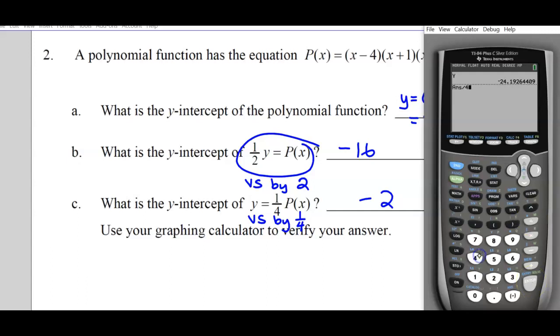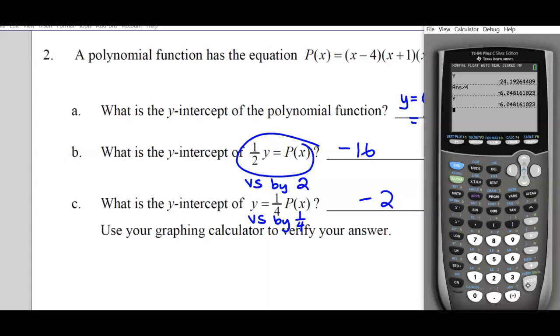Let's divide that by 4. So let's see if that's what my transformed function, the red, has as a minimum. So now I'm going to go trace, minimum. I want to go to my red graph though, and it actually kind of went there automatically, but I'll do it to make sure. Okay, and then if I quit out of that, go alpha y, and you can see it's the same.